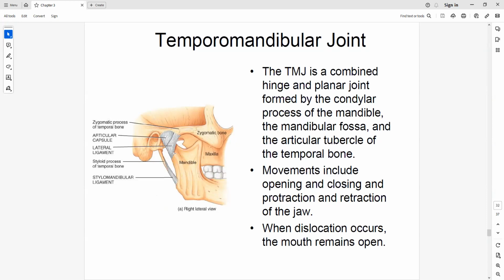So take a look at the temporomandibular joint. So we know that the mandibular condyle of the mandible and the mandibular fossa of the temporal bone form this joint, but when you look at it with the capsule attached, it's not clear whatsoever. So this capsule is covering a large area, especially when you have an additional ligament right next to that.